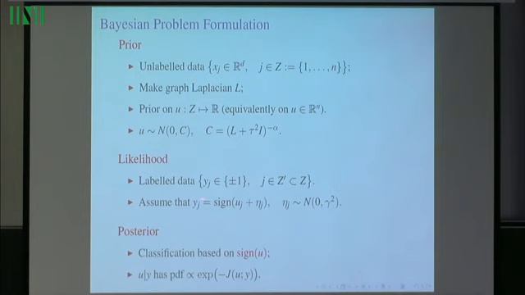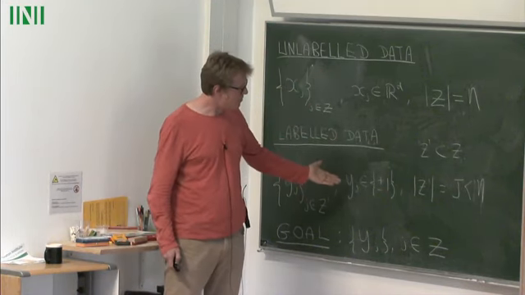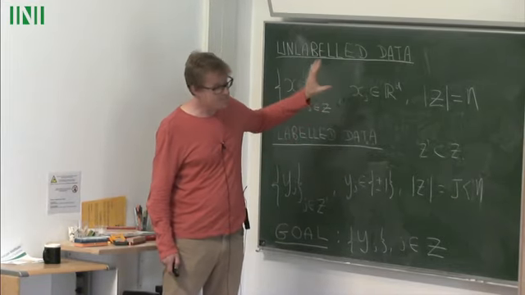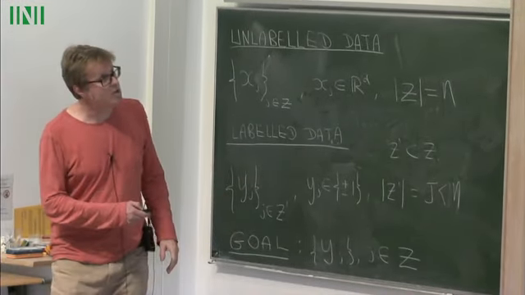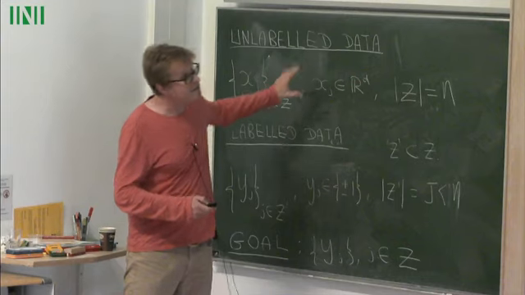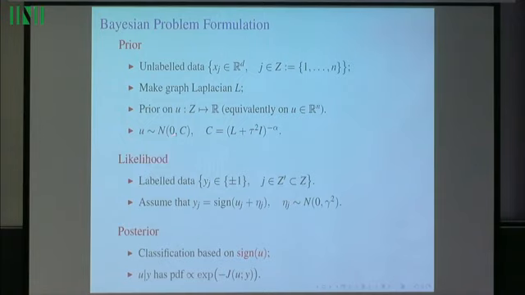And in general, if you're to solve a problem of this type, where you have data in R^D and label data which is categorical, you have to make some kind of model which links points in R^D to labels. So here the model is, we make a Gaussian process on the unlabeled data using the graph Laplacian, and we take the sign of that Gaussian process to get the labels.